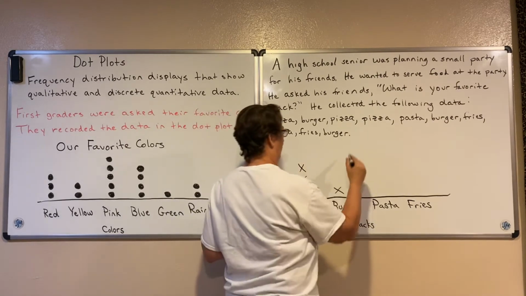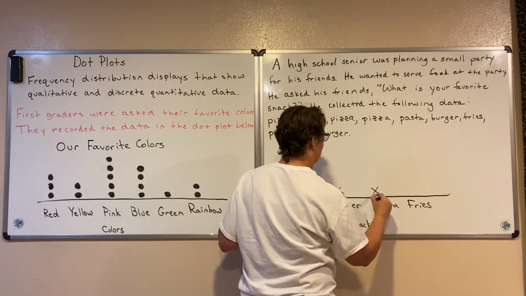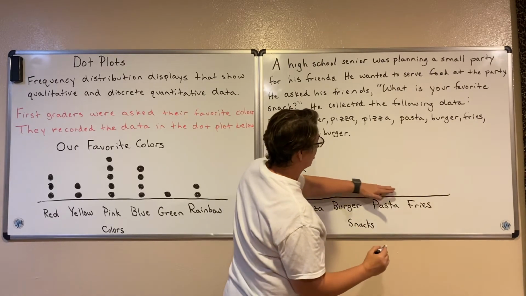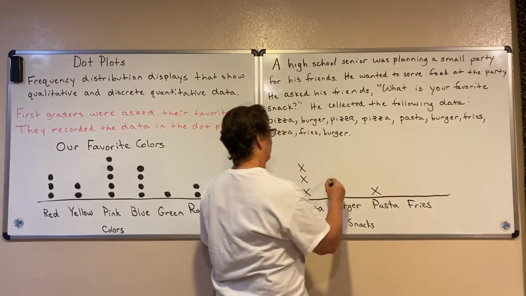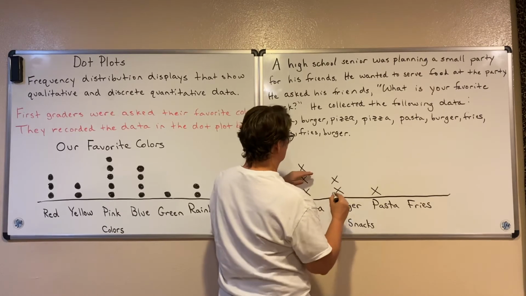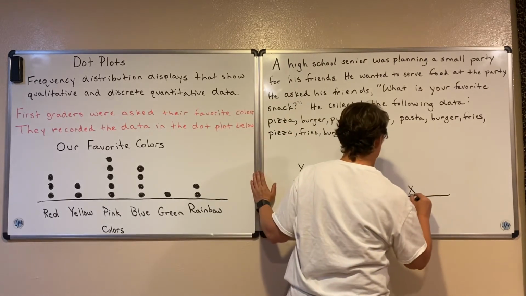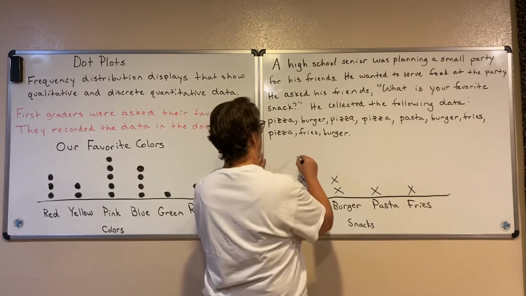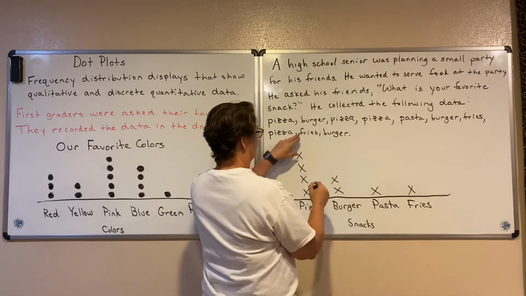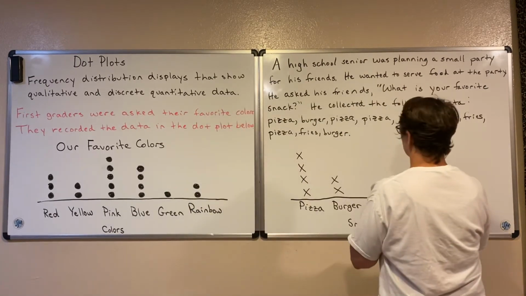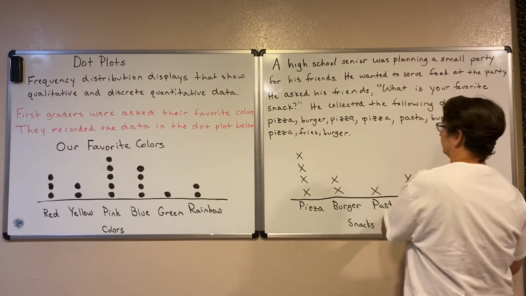And then the pasta gets 1. And again, I want to make sure my 1s are all at the same level. Burger, I want to make sure that my 2s are all at the same level. Fries, pizza, fries, all my 2s need to be at the same level.